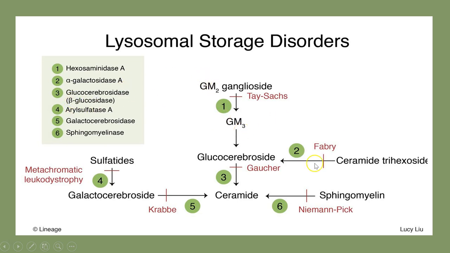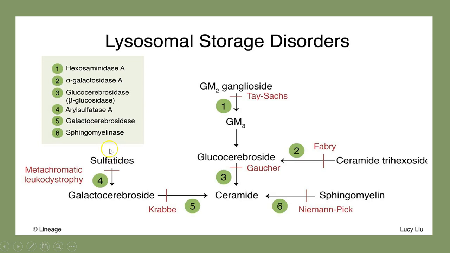Number 2 is going from ceramide trihexoside to glucocerebroside, and this is an abnormality in alpha-galactosidase, which we discussed back in the stroke case. And then number 3 we just talked about.